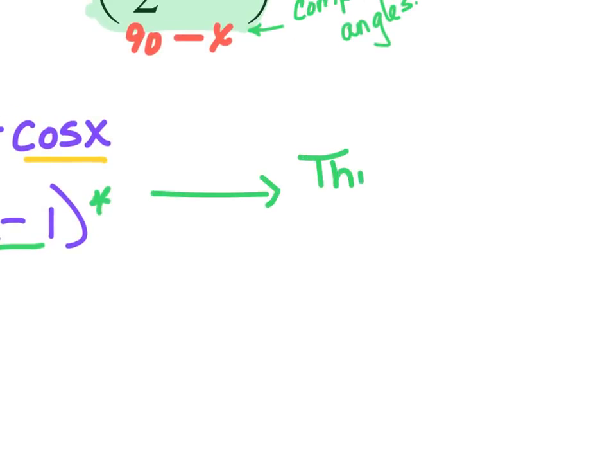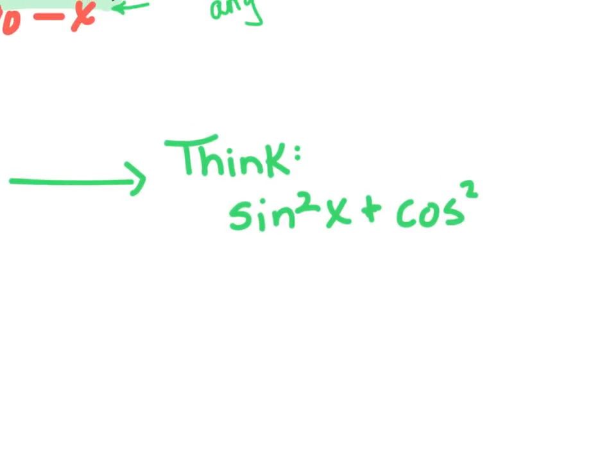My thinking is that I know that sine squared of x plus cosine squared of x is equal to 1.